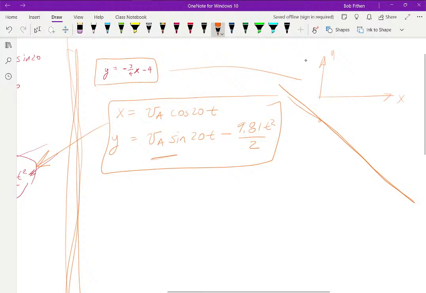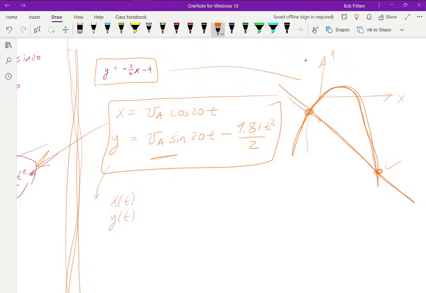What you'll see is these equations will map out the upside down parabola. And so the intercept between these two, this one you're not interested in, this one you are. So what you've got in this is parametric equations. Parametric meaning there's a parameter in which both of these follow.